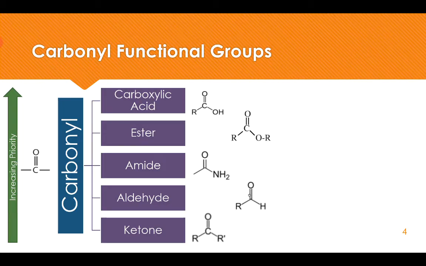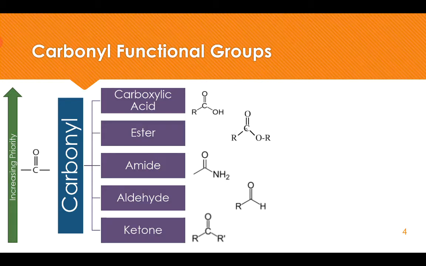Aldehydes have the C double bond O with one carbon and one hydrogen, or at least one hydrogen. That's the distinguishing feature. And then amides have the C double bond O and this NH2 group that will be in our next chapter. But for now, we're going to be focusing on our carboxylic acids and our esters.